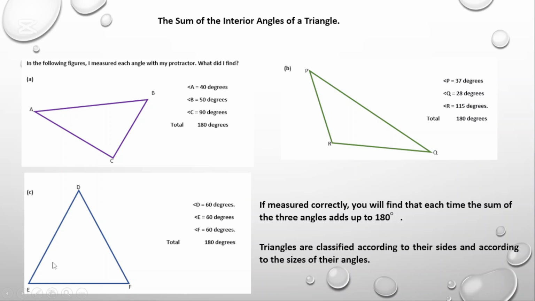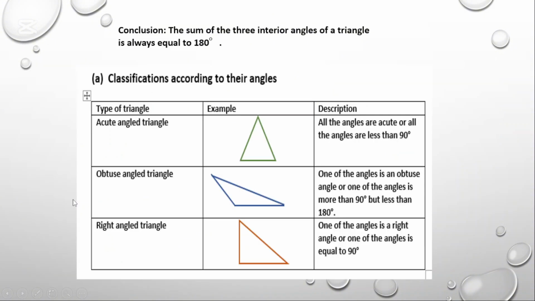They are acute angles, and because of that we call this an acute angled triangle. Over here we have the classification according to the angles again. Now our first conclusion was the sum of the three interior angles of a triangle is always equal to 180 degrees.